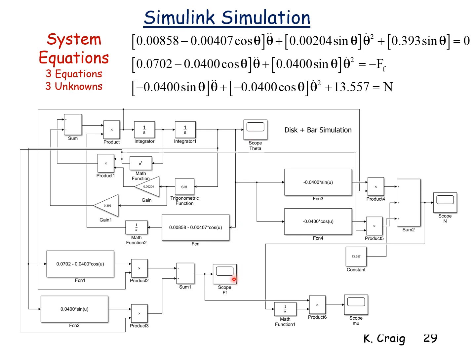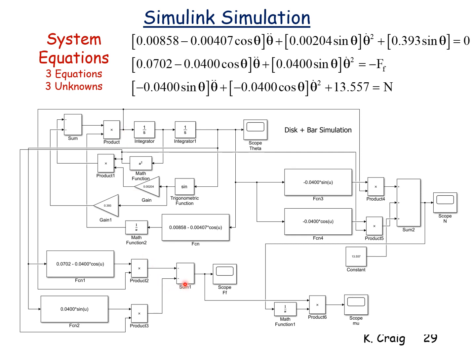My friction force here, as shown with the scope, is equal to the sum of two terms. It's equal to the sum of 0.0702 minus 0.0400 times the cosine of theta, which is the input, times theta double dot, which is this term right here.